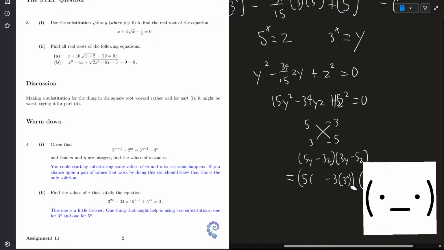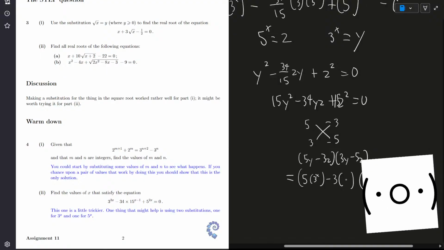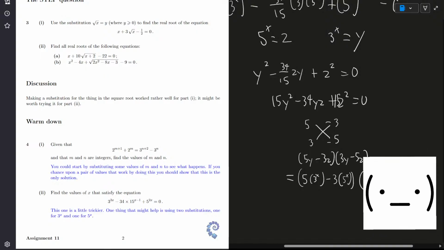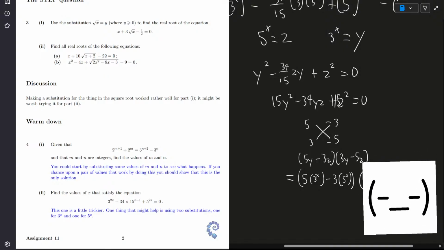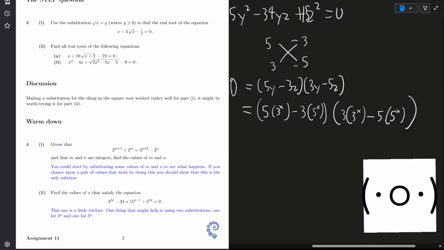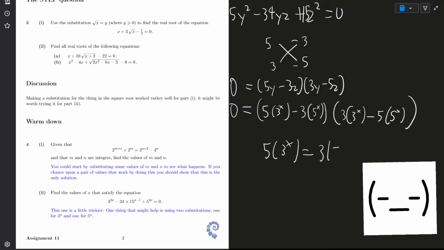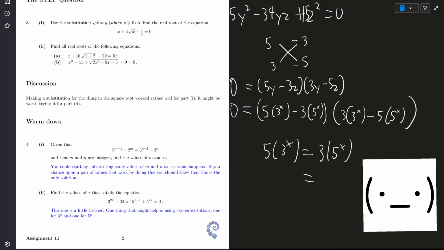Oh, I did it wrong. Only I can do something wrong this frequently. Right. So now each of these are individually equal to zero, or could be equal to zero. So there's one.